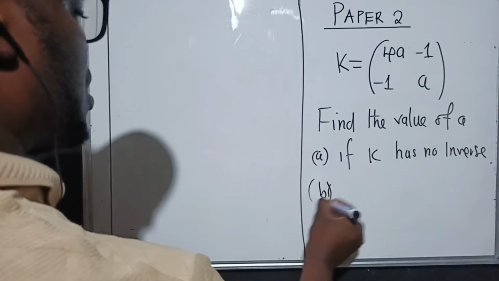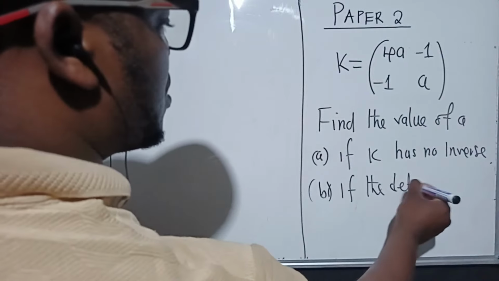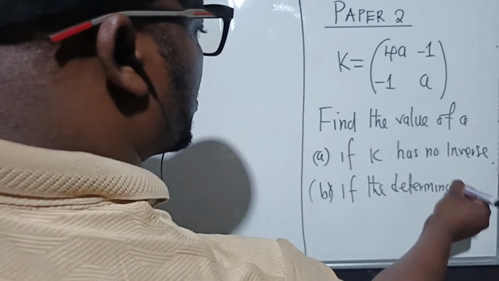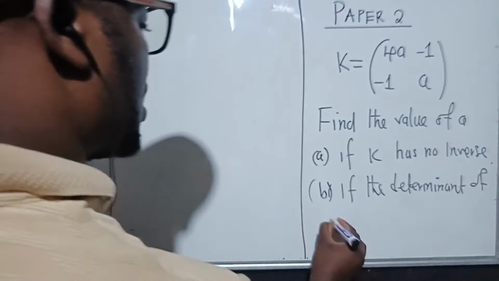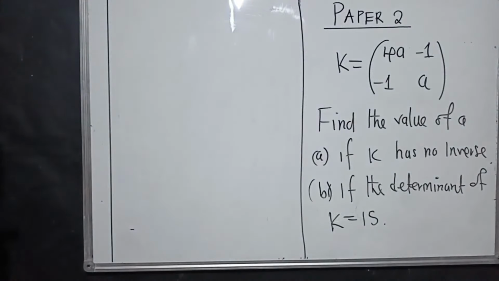For B, if the determinant of K is 15. So these are the two questions we need to answer right now. Find the value of A if K has no inverse. Question B, if the determinant of K is 15.